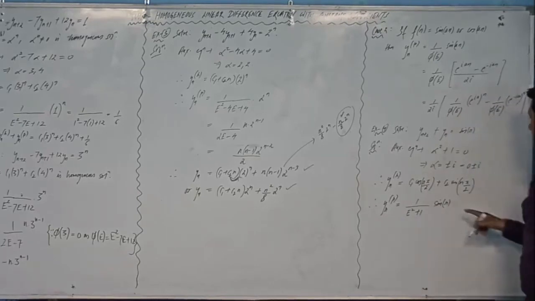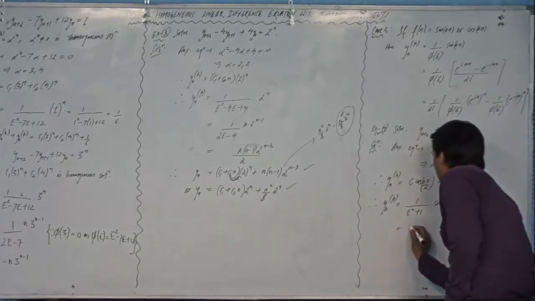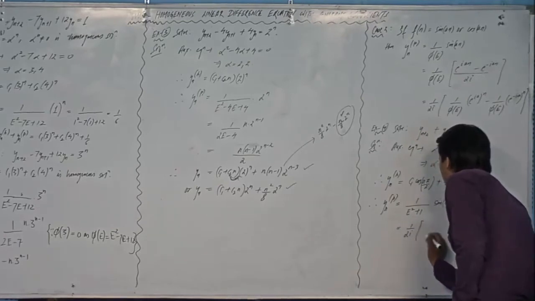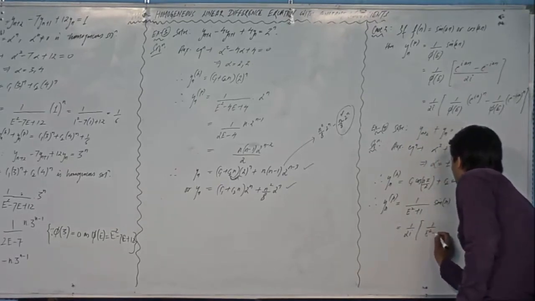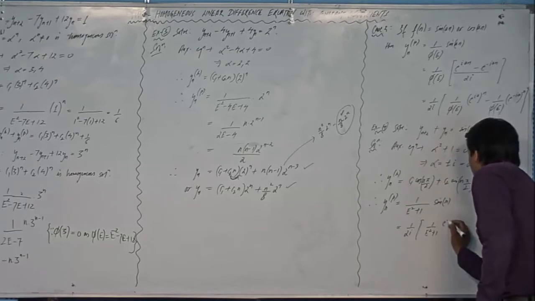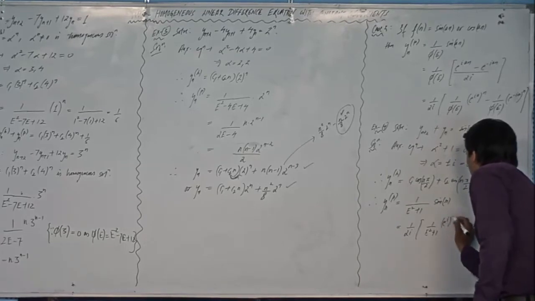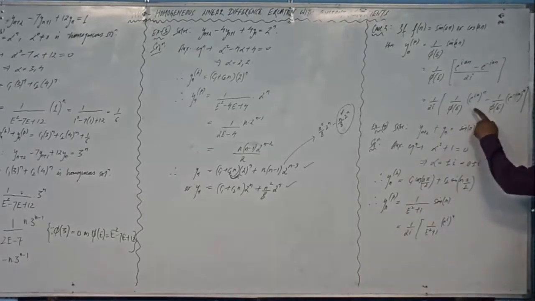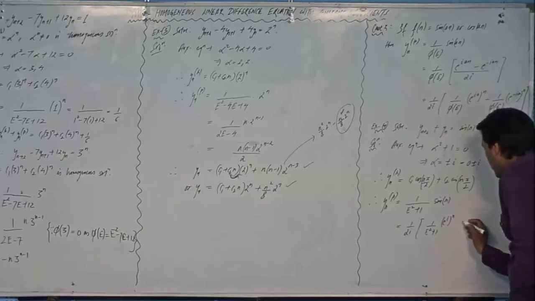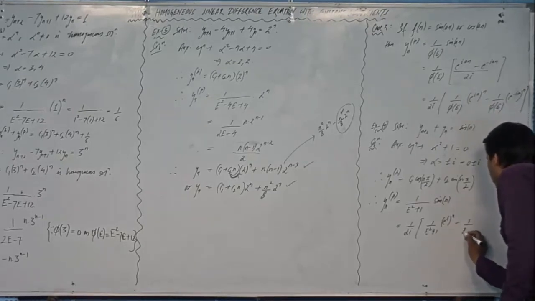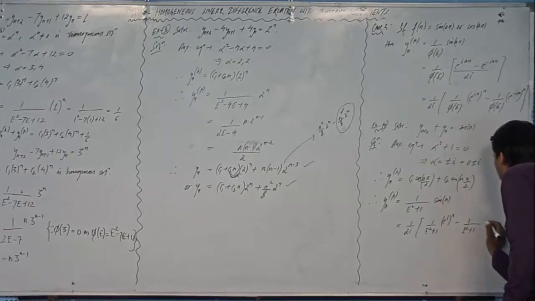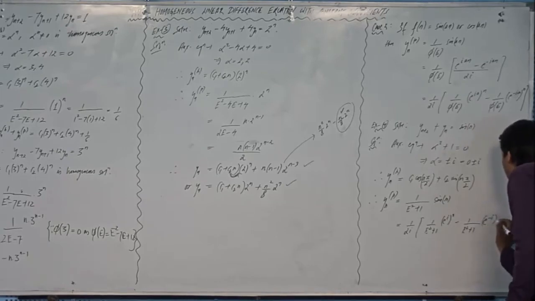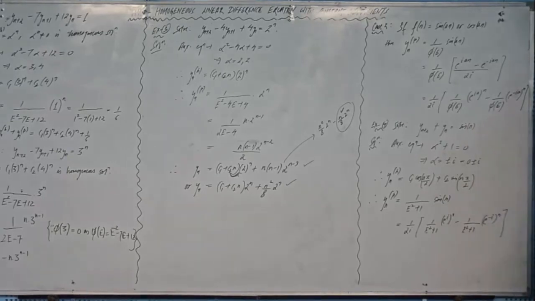Now what I will do, I will replace this sine n by 1 over 2 iota, and this is 1 over E square plus 1, this will become e to the power iota n using this rule, right. And then minus 1 over E square plus 1, and then e to the power minus iota n, right.